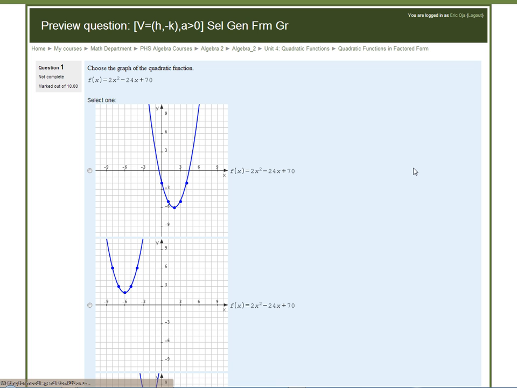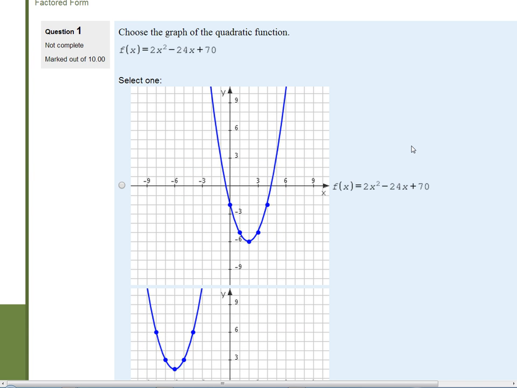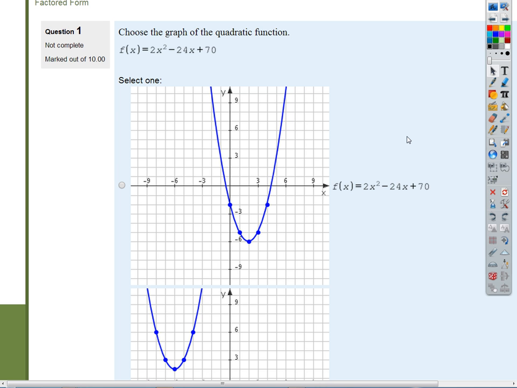So here is the function. Let me make that bigger. Okay, so there is the function: y, or f of x, equals 2x squared minus 24x plus 70. If we want to sketch a graph or identify the graph of a function, the way to do this is to identify the values of a, b, and c, since this is in standard form, or general form.